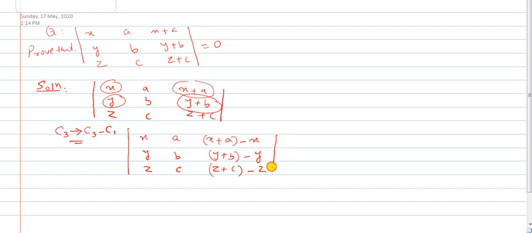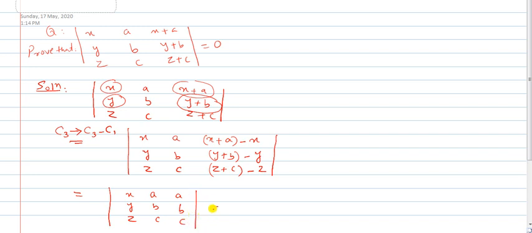This becomes the result: x y z, a b c. Here x and x get cancelled, I get a, and here I get b and c.